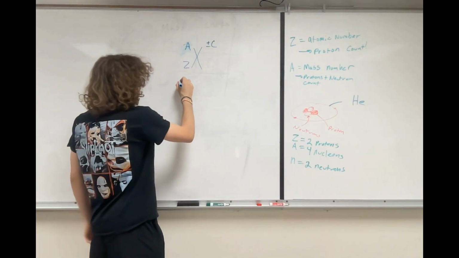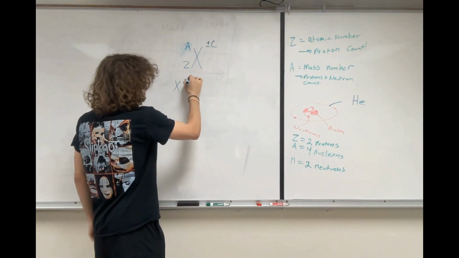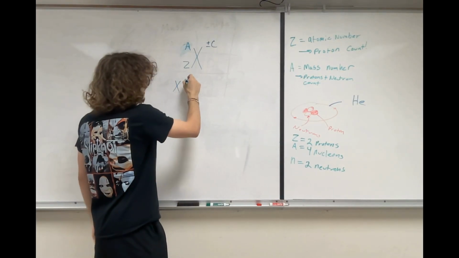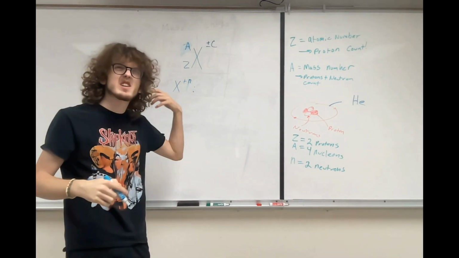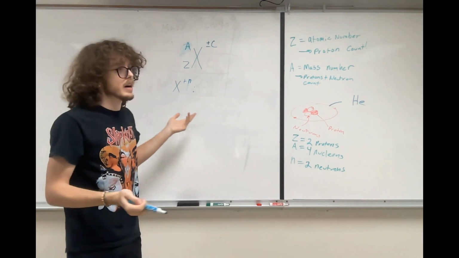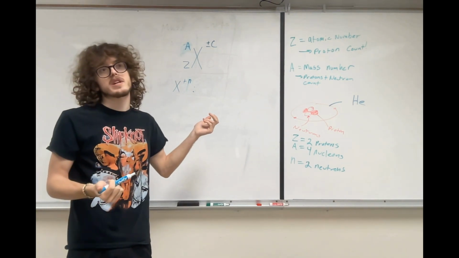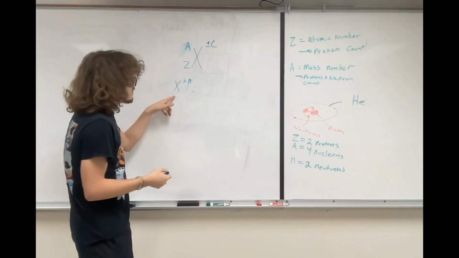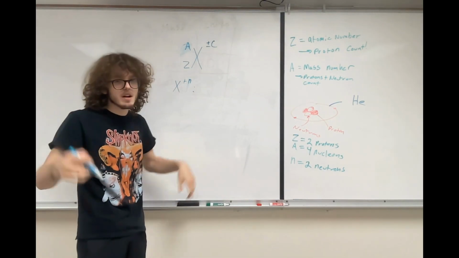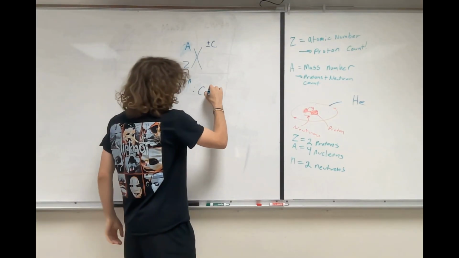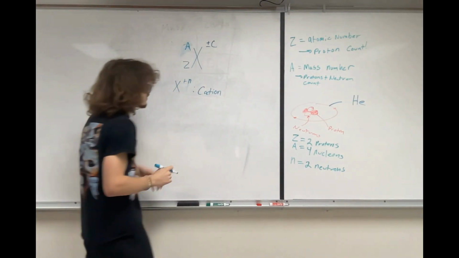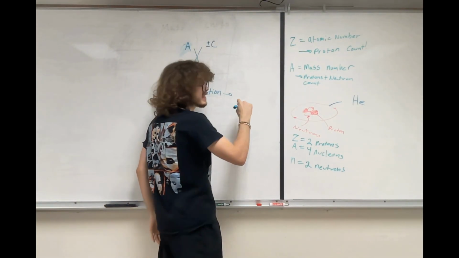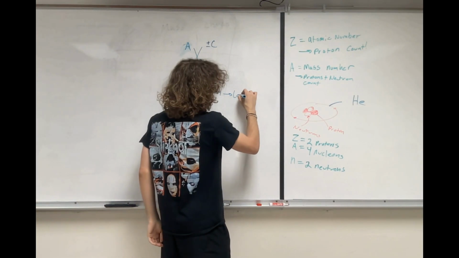If I have some element X and it has a +1 charge, or just a positive N charge, N being any number, typically you don't see past 3, maybe you'll see +8 rarely, but plus N, just any number, this is what we call a cation. So if you have a +N charge, you're a cation, and you specifically lost an electron.